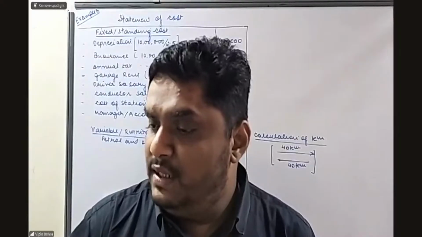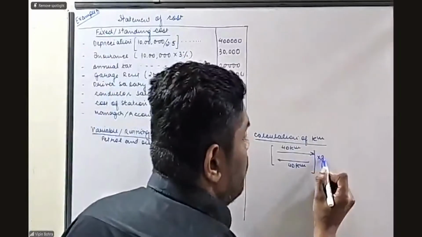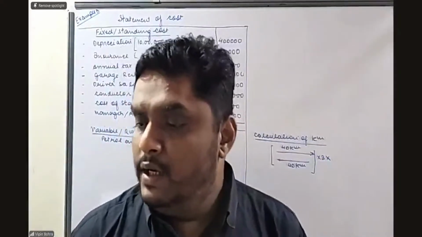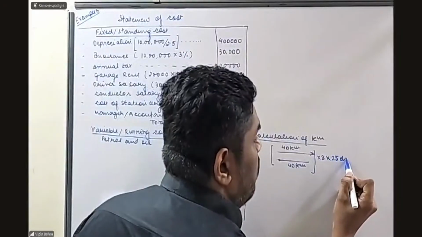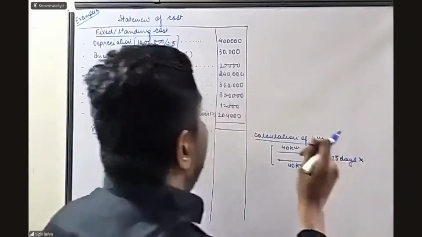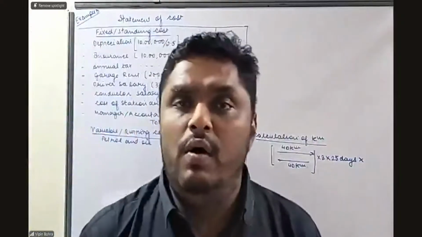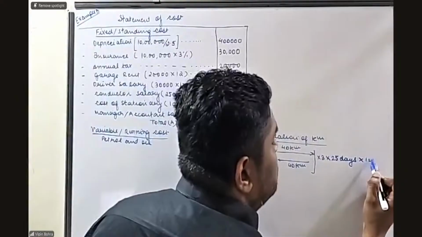Into how many trips in a day? 3 trips in a day. Into how many days in a month? 25 days in a month. And since we are using the annual data, all this is the yearly cost, so we will multiply it by 12 months.